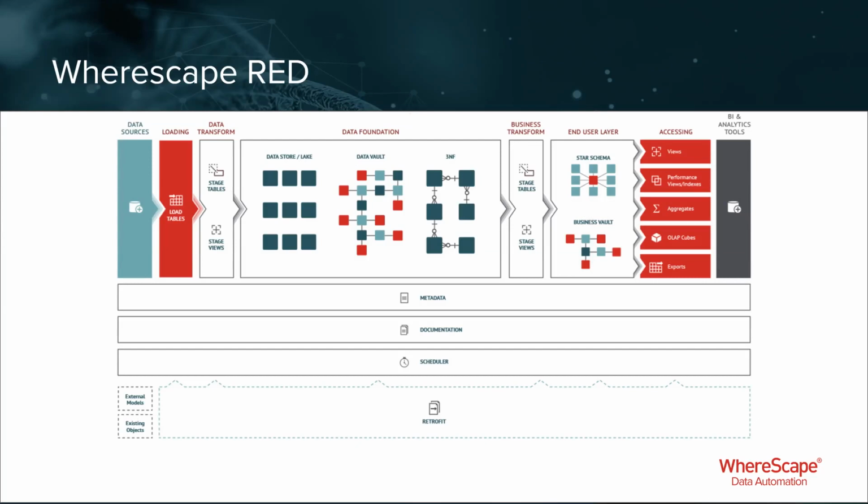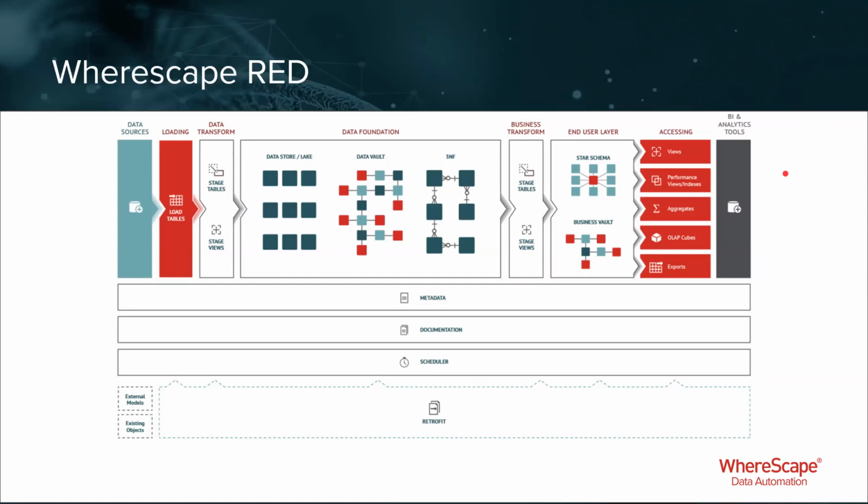And that feeds into Red, which then builds all of the staging areas that are needed. And then, if you've built in business transformations, those occur, and then it pushes the data out into the target. The thing to note here is that sometimes automation tools like WhereScape get confused with ETL tools.